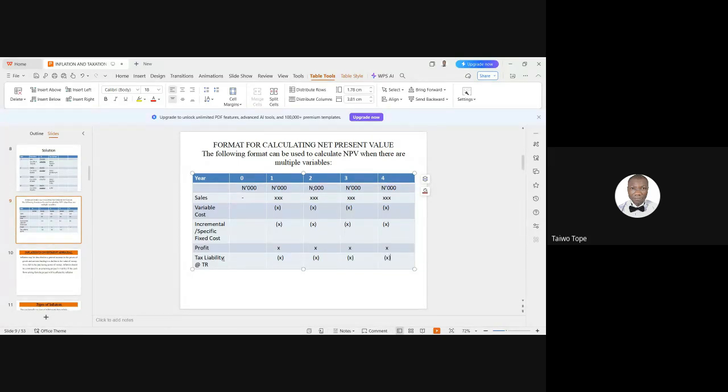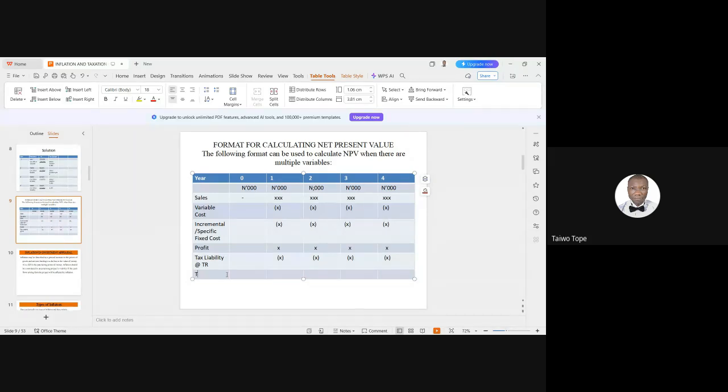So also, you can have what we call your tax saved, tax savings on capital allowance. The tax savings on capital allowance, is it an outflow or inflow? It's an inflow. It's reducing your tax.